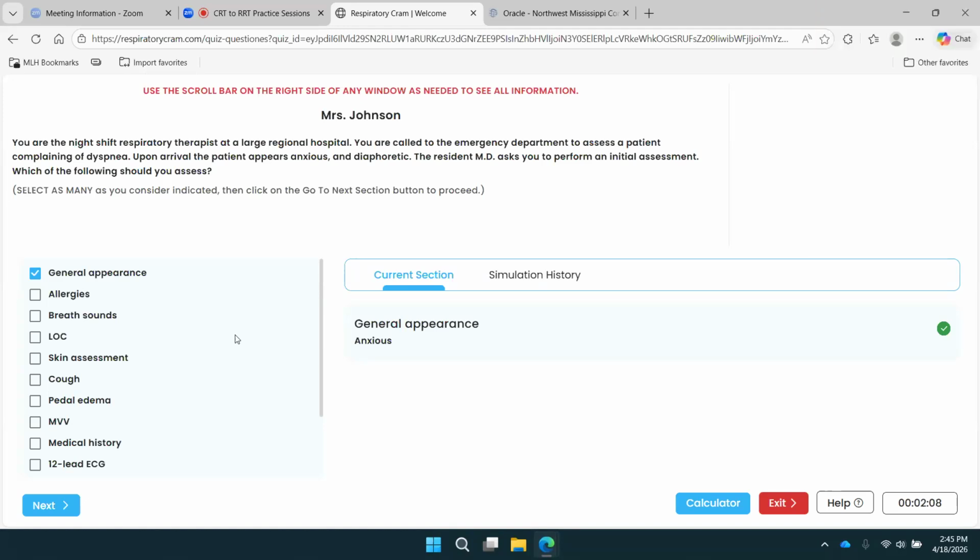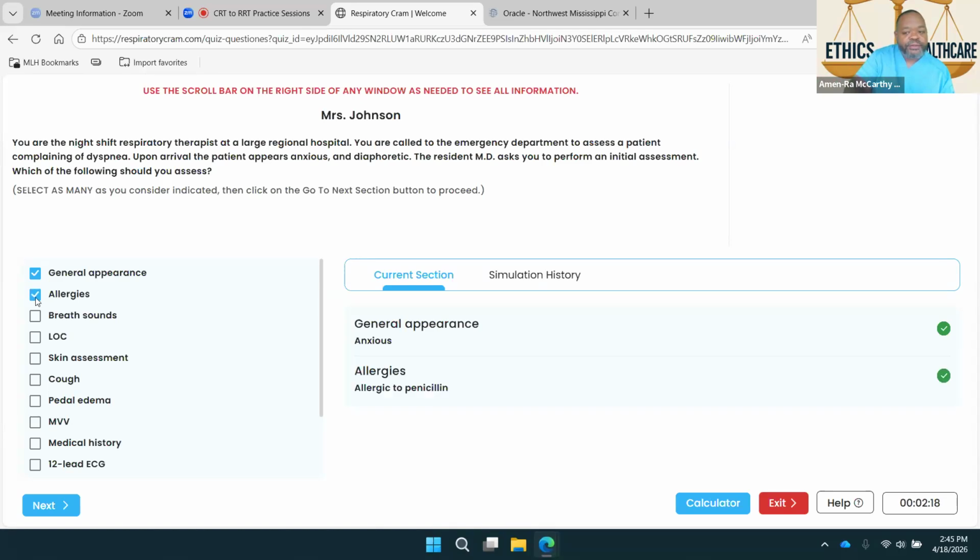No. No, okay. But now you're saying no, which might be right, but I'm going to choose it just to see, so you can see whether the physician agreed or not, okay? Allergies. The patient is allergic to penicillin. Now, this is something that you want to ask them. Are you allergic to anything? That's important because you're about to start giving treatments, albuterol.